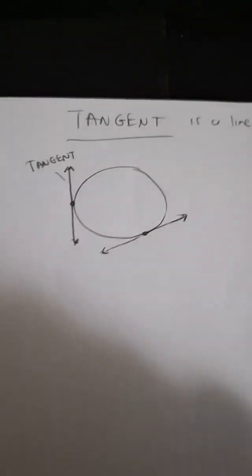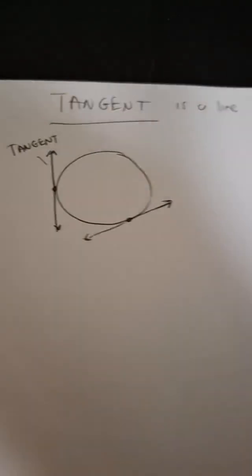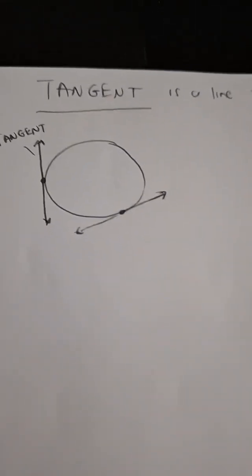As long as we understand what a tangent is, that a tangent touches once, that's what matters. So the first theorem we are going to look at related to tangents is this one: a tangent to a circle is perpendicular.